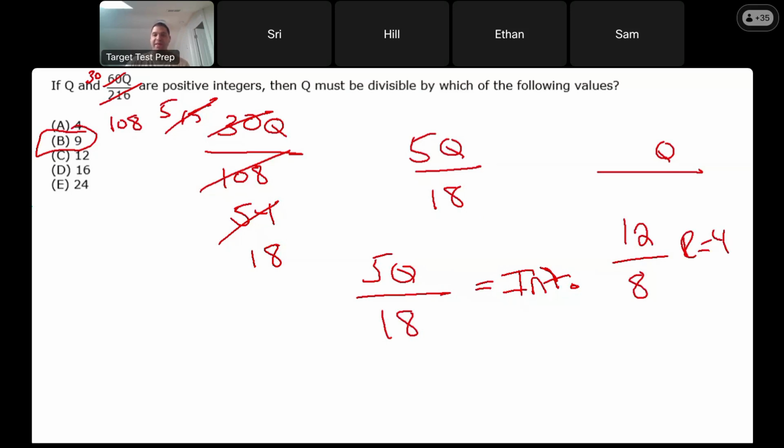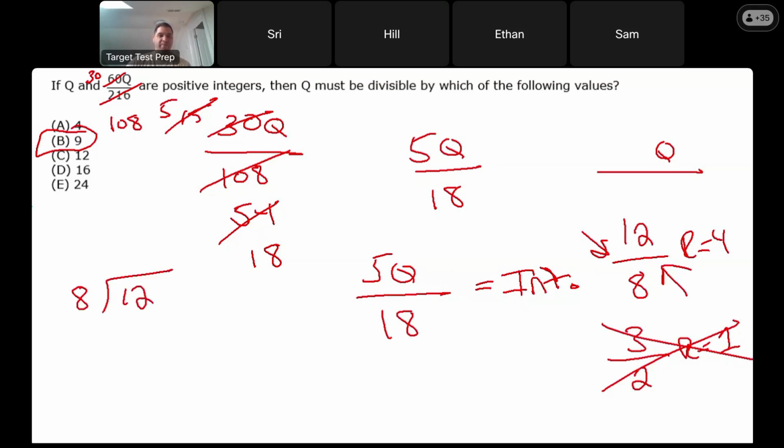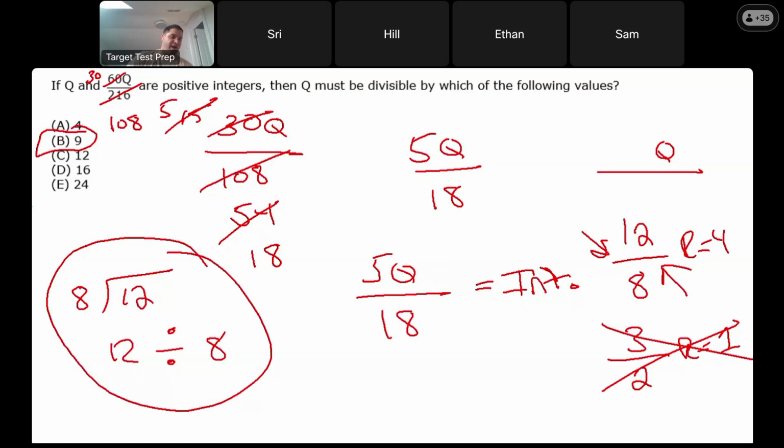You can't say that that's the equivalent of 3 over 2, so it's a remainder of 1. The reason why people do that is because of the stinking fraction sign. But I promise you, if you were in middle school or high school and you had 12 divided by 8, you're not reducing. If you had 12 division sign 8, you're not reducing. So don't let the fraction sign throw you off here, right? Don't let that happen. So that's important.